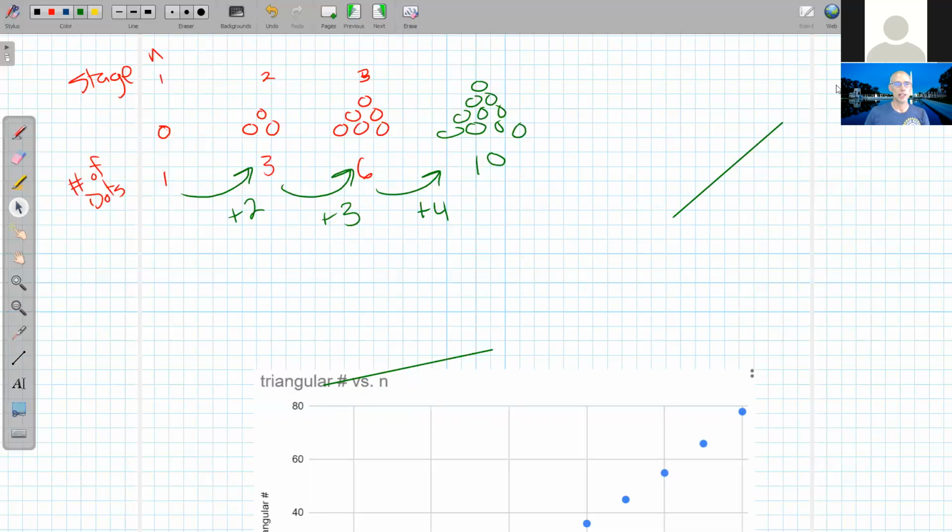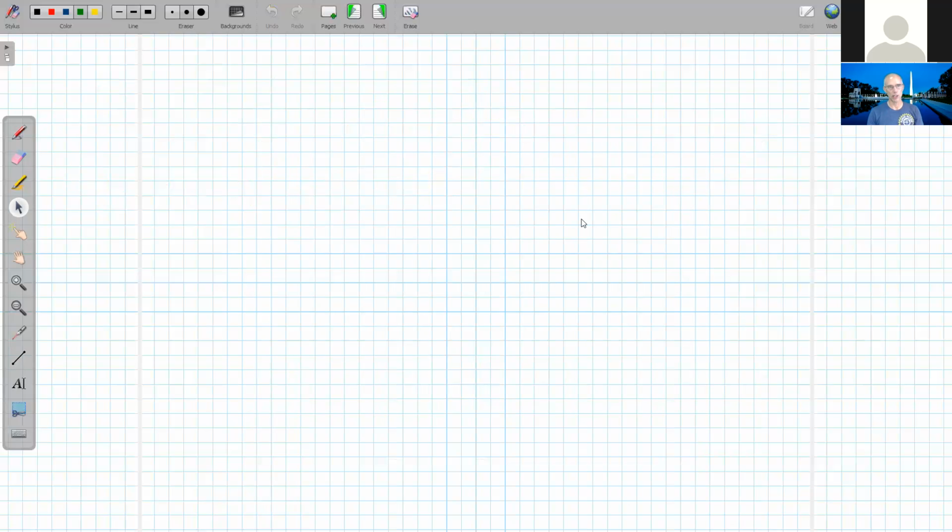Let's see here. I'm going to do something weird with these pictures and see if these help. So new page, and then we'll move on. Suppose I drew the dots in a slightly different orientation.